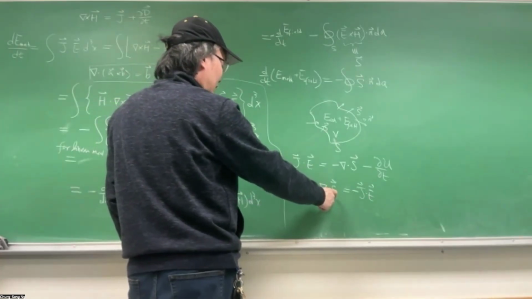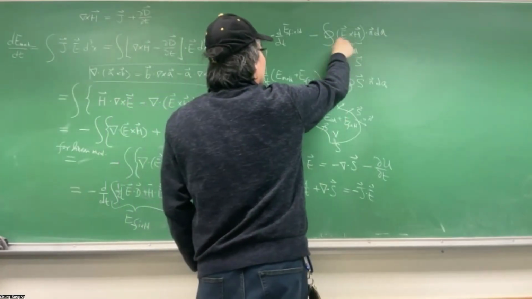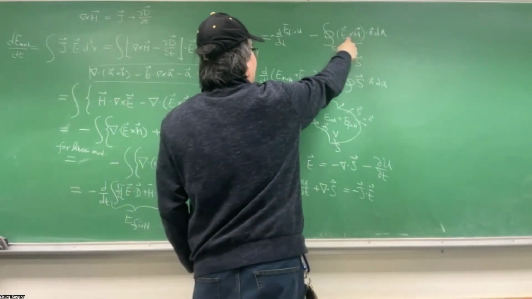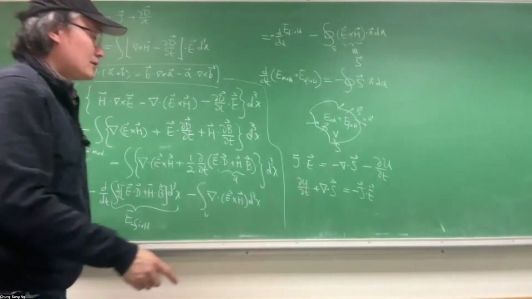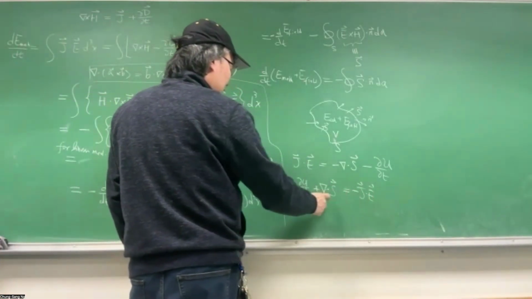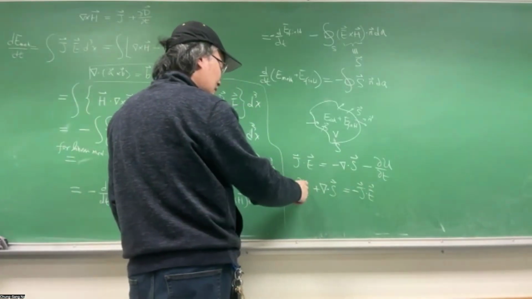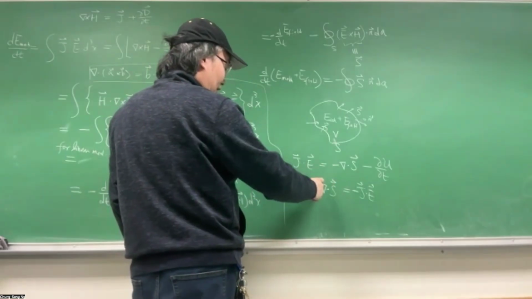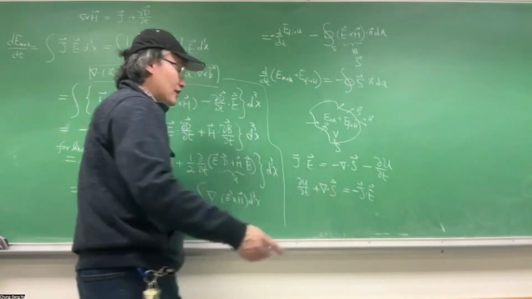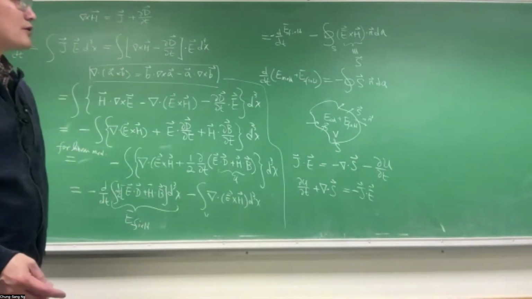S is the energy flux due to the field, because S is given by E cross H, both for the field. So if J dot E is 0, then energy is just moving around. The energy density moves around in space using the energy flux, the Poynting flux, right? Just like the continuity equation of charge.